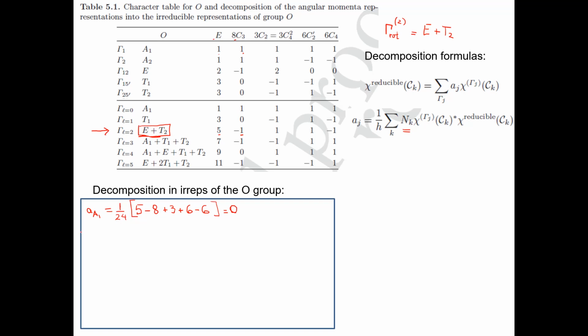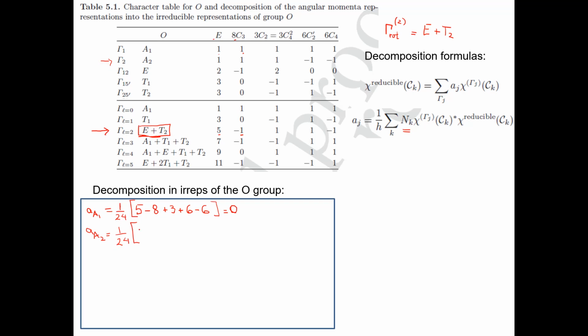Okay, let's do A2. So the coefficient A of A2 is equal to 1 over 24. So now I have to multiply by the characters of gamma 2.